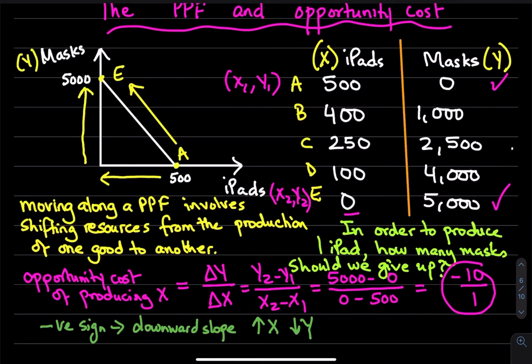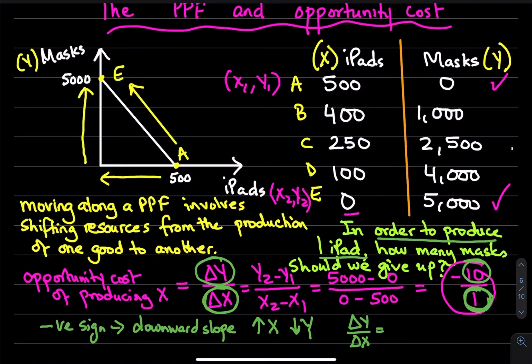Okay. And what does the number tell us? Okay, so the number is telling us that in order to produce, again, going back to our question, in order to produce one iPad, which is the denominator, which is X, okay? So the change in X is 1. In order to produce one more X, we must give up 10 units of Y. Okay, so you're basically interpreting this as the slope.